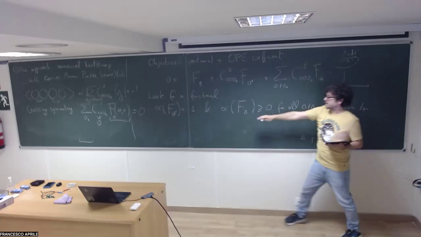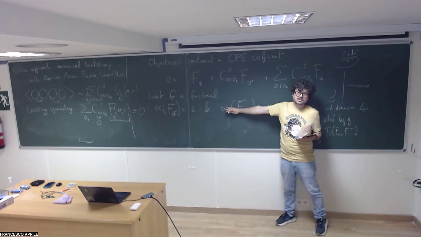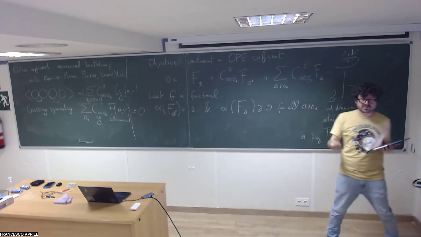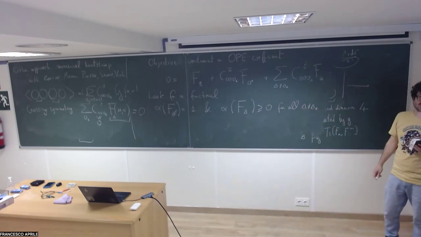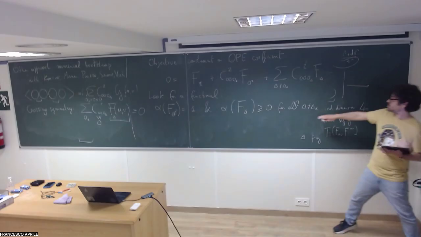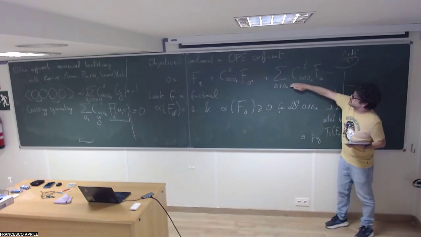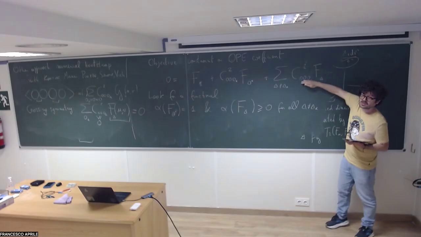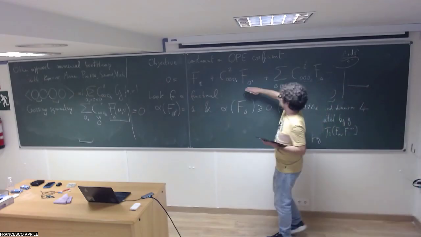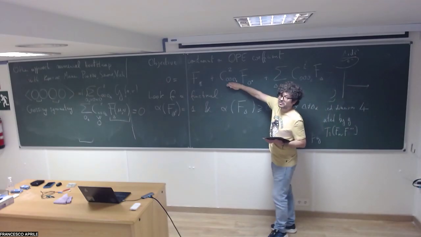Then if you manage to find numerically a function that does this, so numerically the way it's constructed is from derivatives of functions at the crossing symmetric point. So if you manage to find such a function, then you see here you have just a bunch of positive stuff, thanks to unitarity. Here you get 1, which multiplies your OPE coefficient.